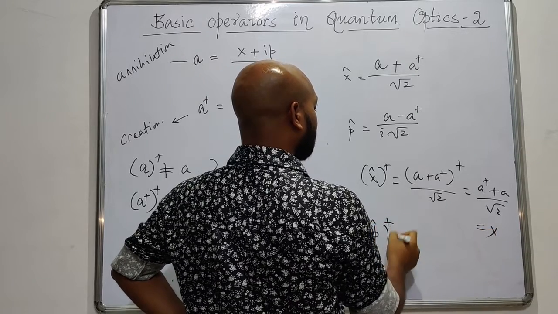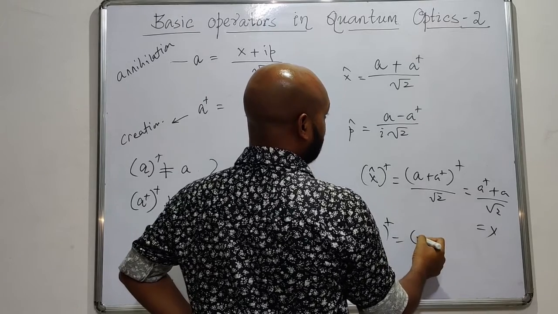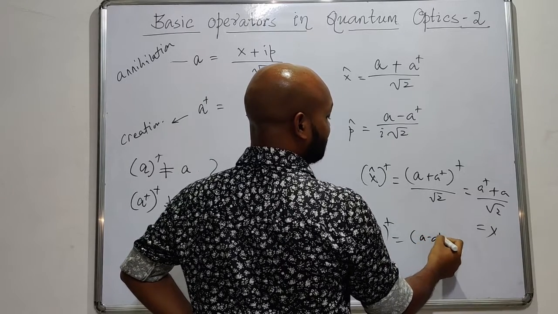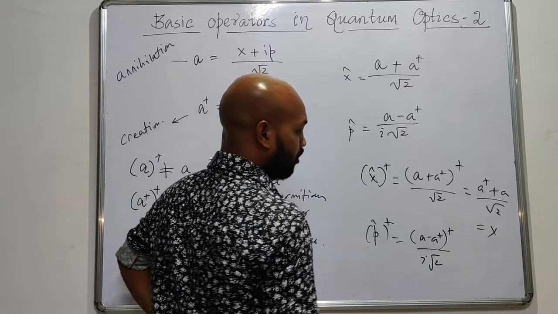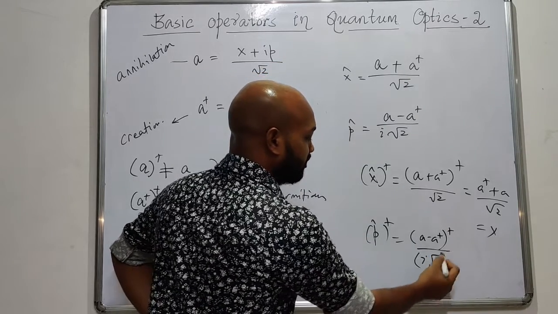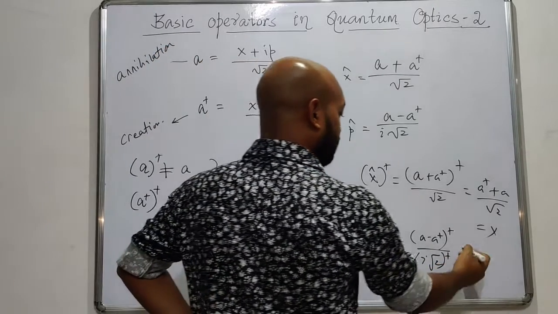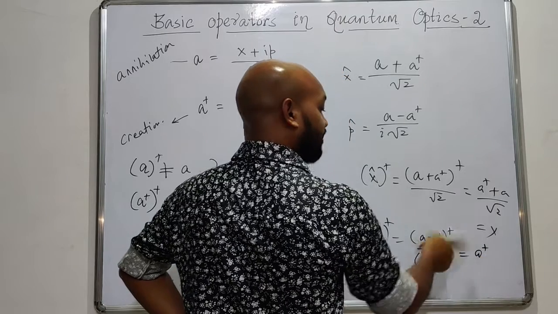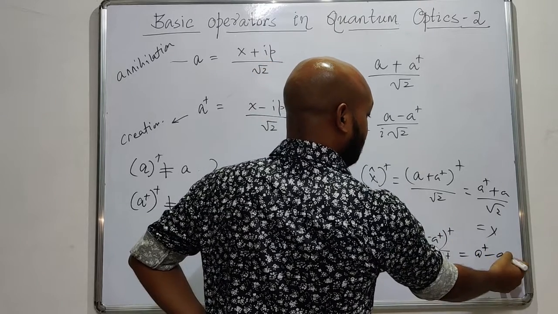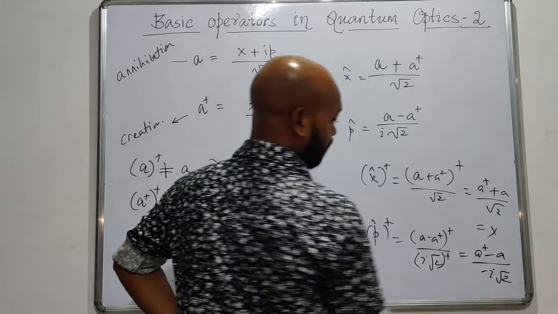Similarly, if I take p's dagger, then it's (A minus A dagger)'s dagger by i root 2. The dagger of this as well this time. So I obtain A's dagger becomes A dagger, A dagger's dagger becomes A, and this i changes to minus i, and root 2.